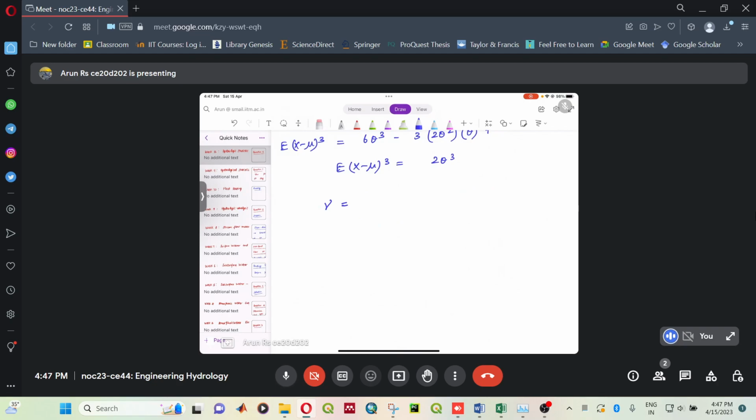Once we get this, we can find out the coefficient of skewness, divided by sigma cube. Standard deviation is theta, so that cube. So coefficient of skewness for exponential distribution is 2. And the last one is the coefficient of kurtosis.